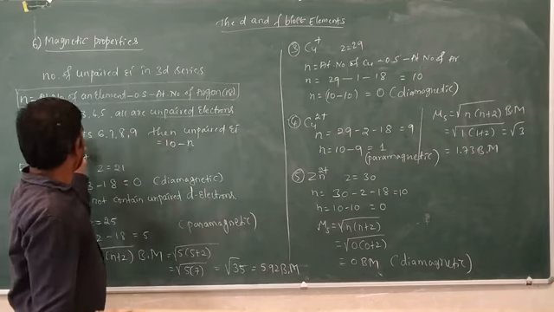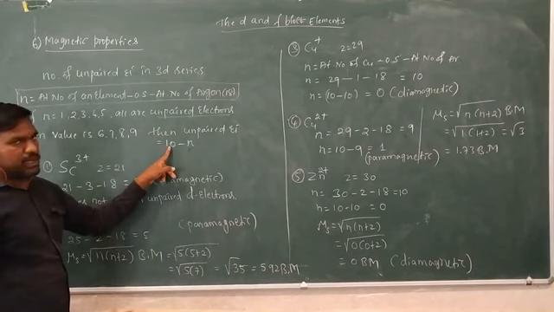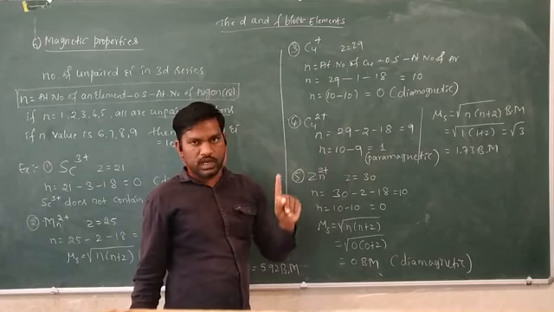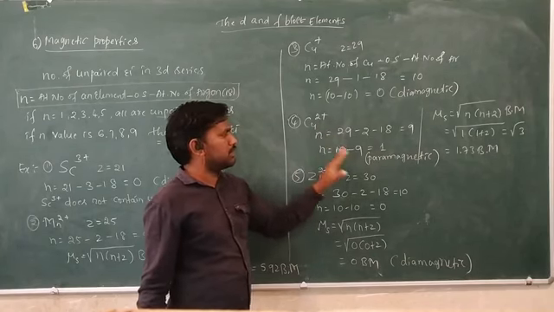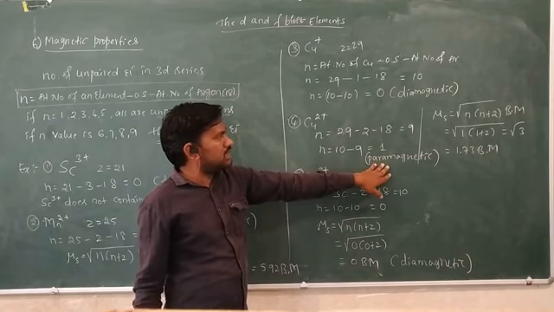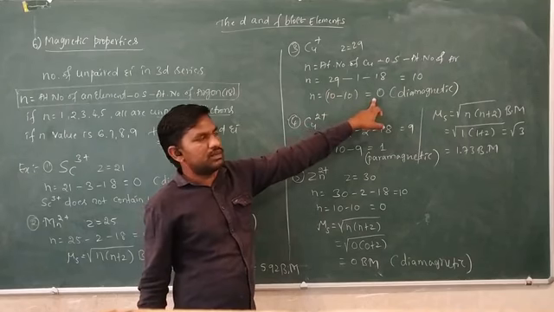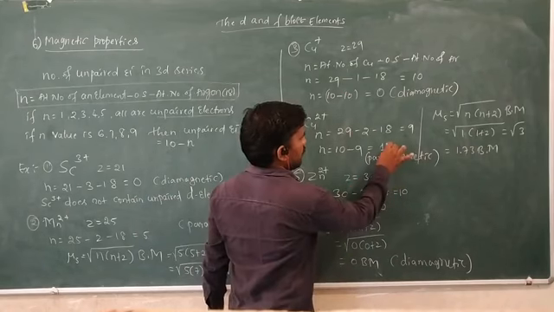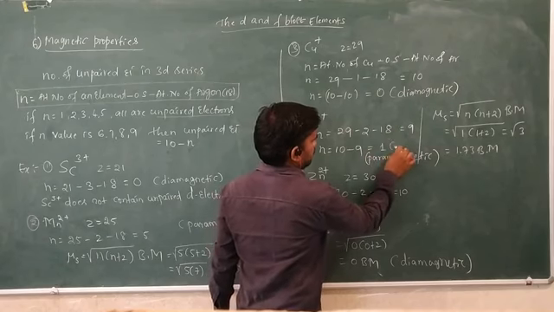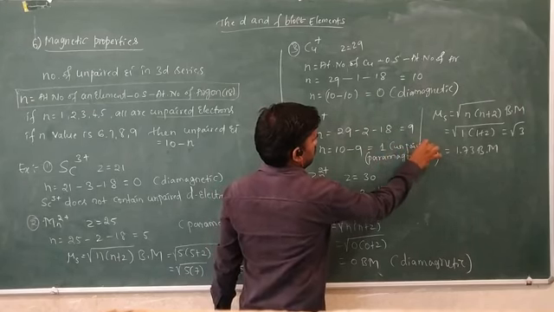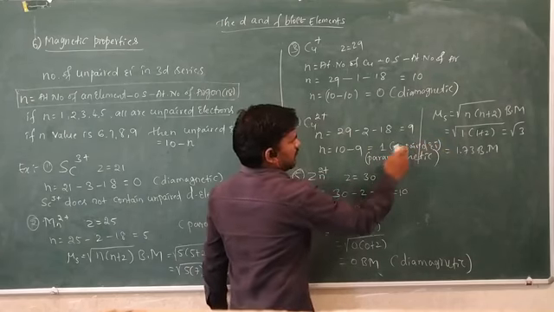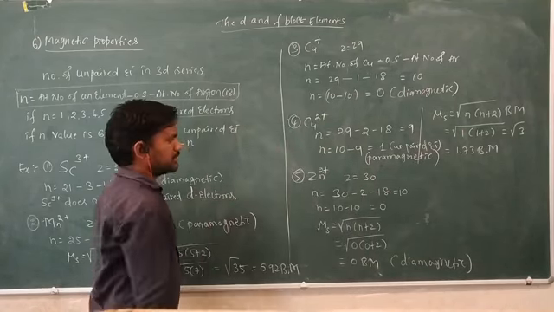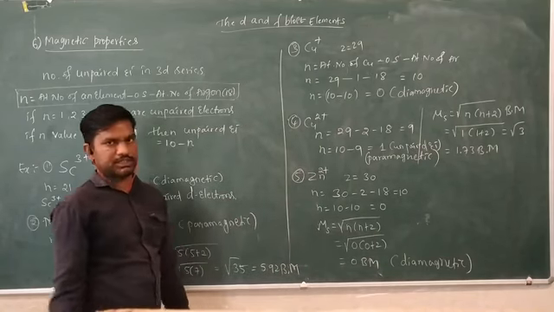It means more than 5, so we are using 10 minus n. 10 minus 9 is equal to 1. 1 unpaired electron is present in Cu2+, so Cu2+ is paramagnetic in nature, due to the presence of 1 unpaired electron. Now calculate the spin only moment. It gives 1.73 Bohr magneton.